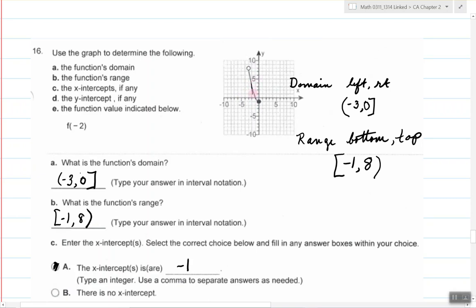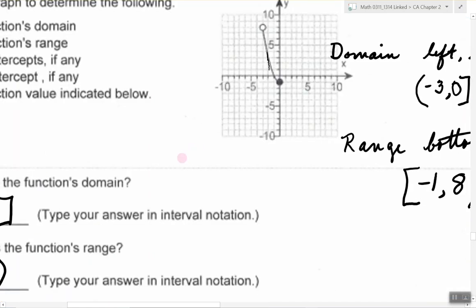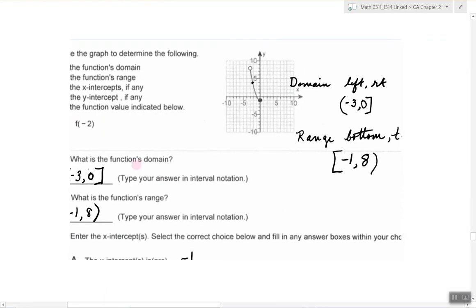It's kind of hard to see. How about I see if I can stretch it? All right, I can see it better. There's the point. When x is -2, the y value at that point is 4.